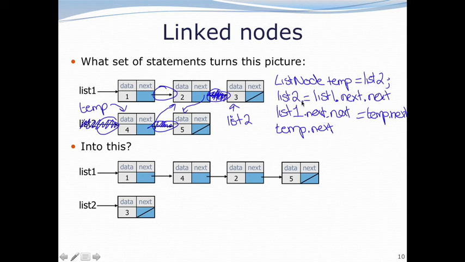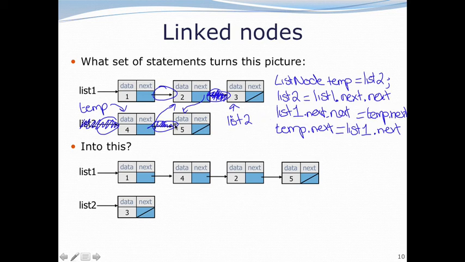So this node with a 2 in it, one way to reach it is by saying list1.next. Okay, so again, I want to use this reference here and copy it into this .next field. So temp.next equals list1.next. Great.